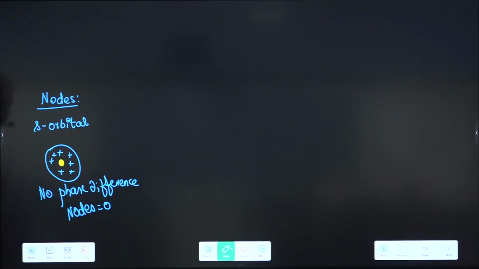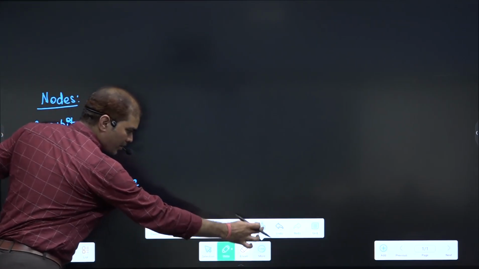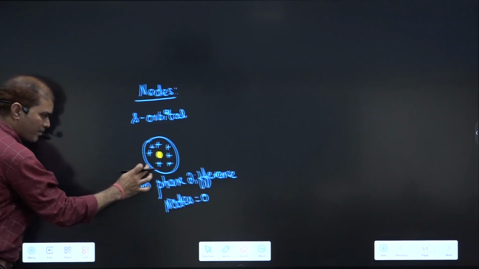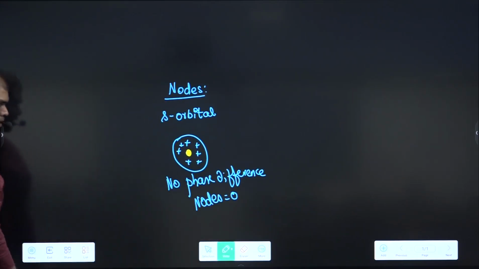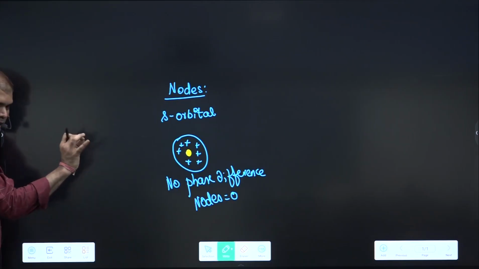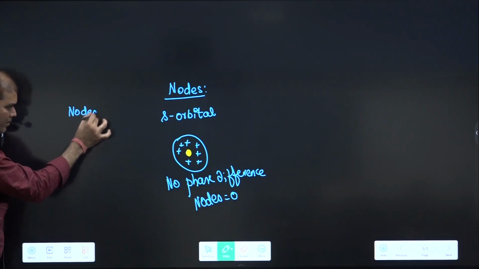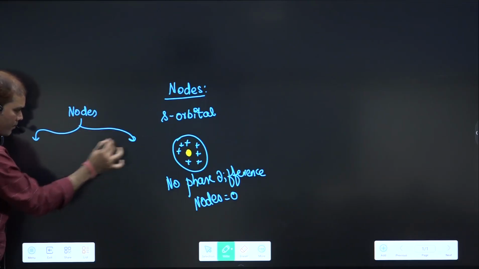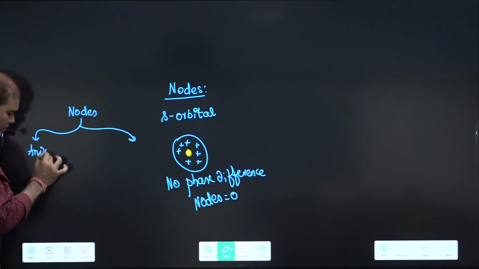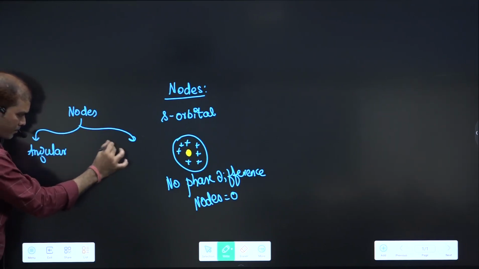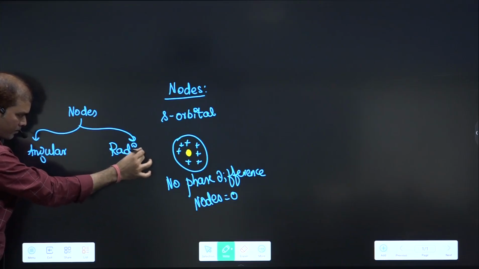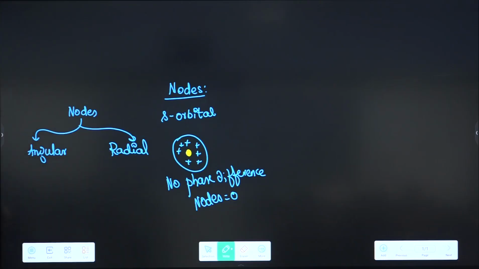But when I say the number of nodes, what type of node is it? All these things will be dealt with in quantum chemistry. Here I am just giving an introduction only. Details will be coming in your physical chemistry. Here just one point I am giving for each orbital. When we speak about nodes, we have angular nodes as well as radial nodes.